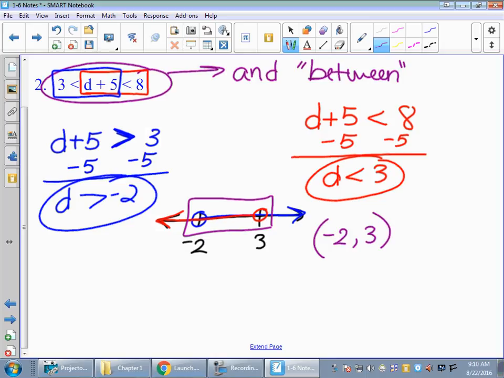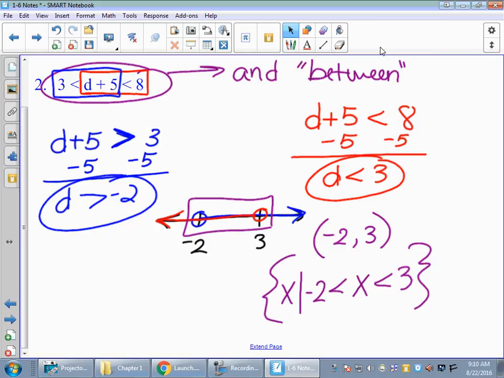And then my set builder is x, such that I'm going to put the variable in the middle, put my numbers in order from least to greatest, and then point at the smaller numbers. And there you have it. X is between -2 and +3. It's greater than -2, but it's less than +3.